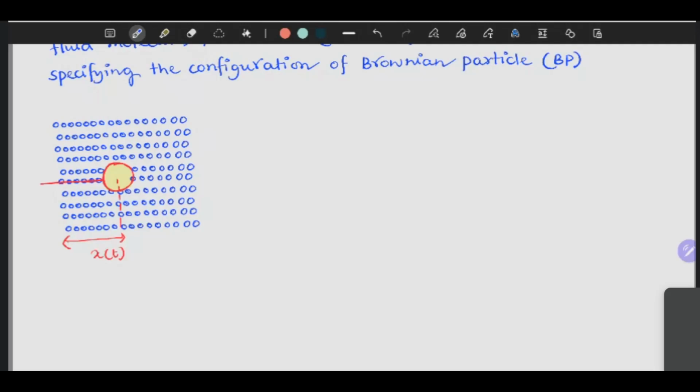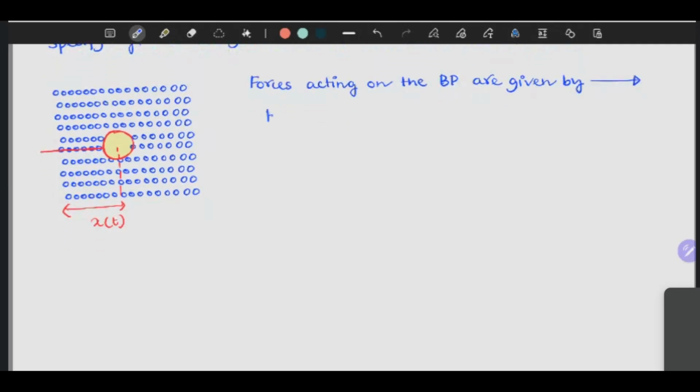Now the forces acting on the Brownian particles can be given as: the forces acting on the Brownian particle are given by f_i equal to minus delta H over delta x_i.